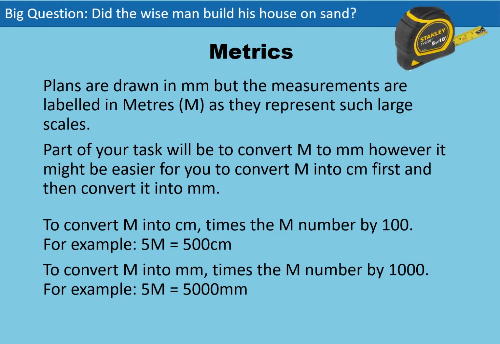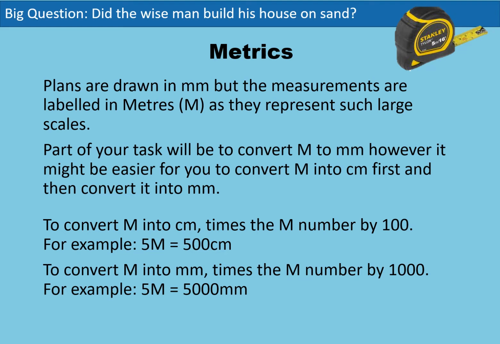Metrics. Plans are drawn in millimeters, but the measurements are labelled in meters as they represent such large scales. Part of your task will be to convert meters to millimeters. However, it might be easier for you to convert meters into centimeters first and then convert them into millimeters.